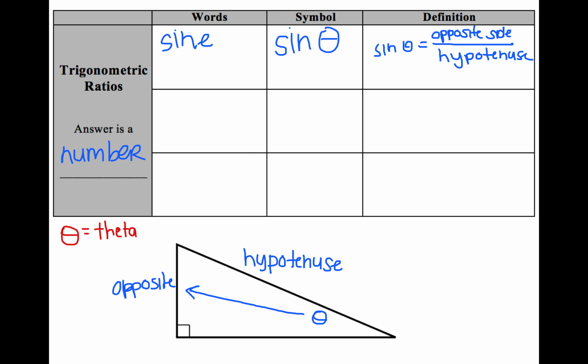The next one we have is cosine. The shorthand way or symbol for writing cosine is cos theta. My definition is cosine of theta is equal to the adjacent side divided by the hypotenuse.